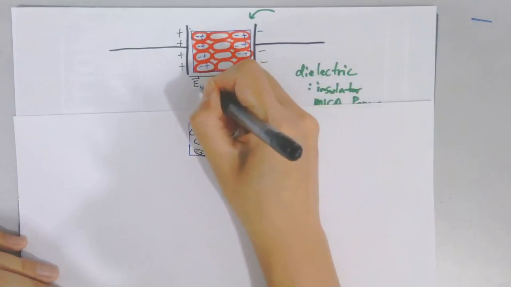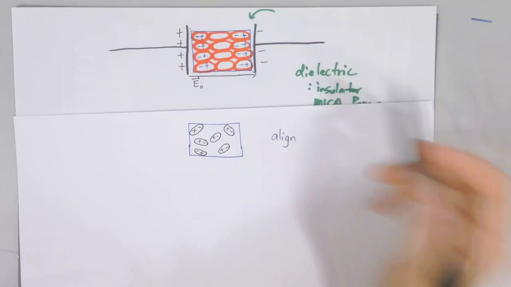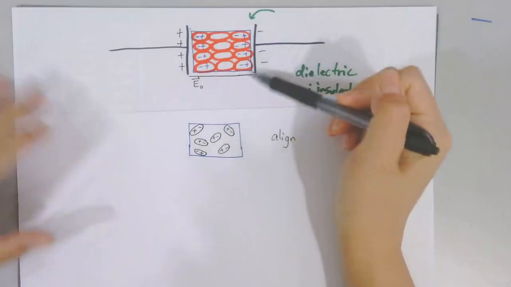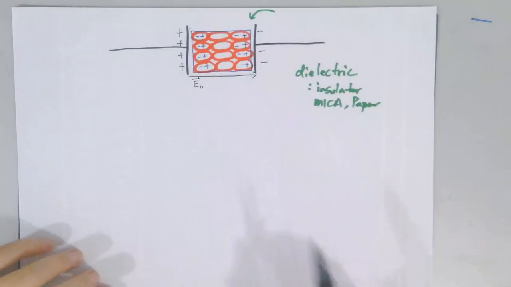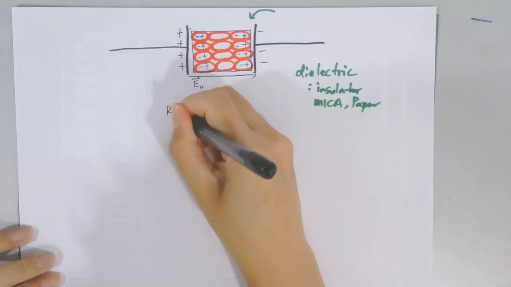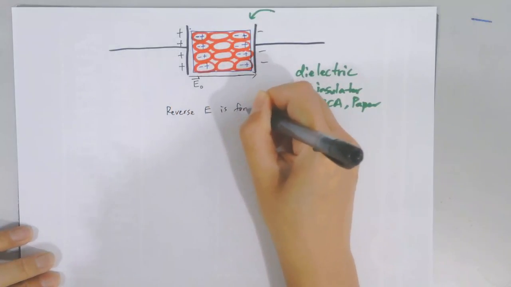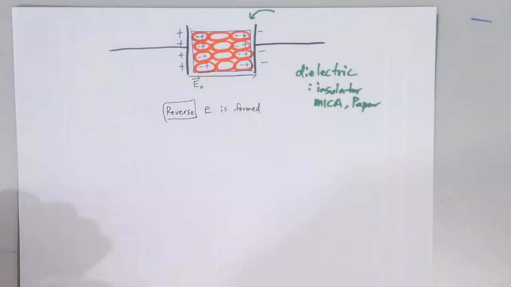Ini adalah E asal kita. Alright. Dan selepas saya masukkan dielectric ke dalam, iaitu in between the plate, what will happen? You found that reverse electric field is formed. Why I say reverse? Kenapa ada term reverse dekat sini? Why? So let's look at this.